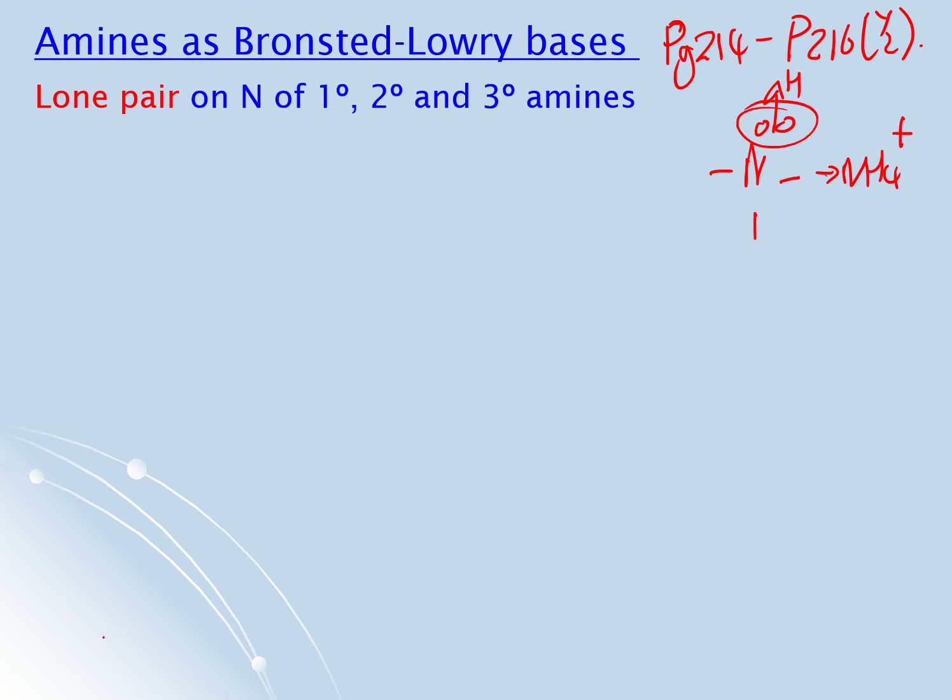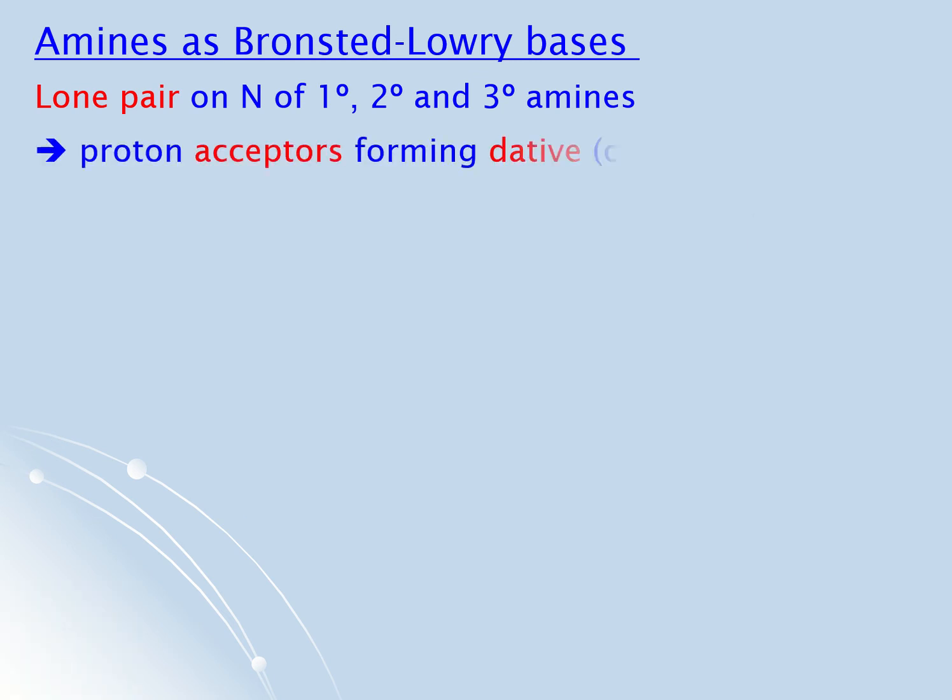Well, remember, amines are exactly the same. They have lone pairs of electrons on the nitrogen, and because of that, they can behave as proton acceptors, and that's your definition for a Bronsted-Lowry base. They do it via this dative or coordinate bond.